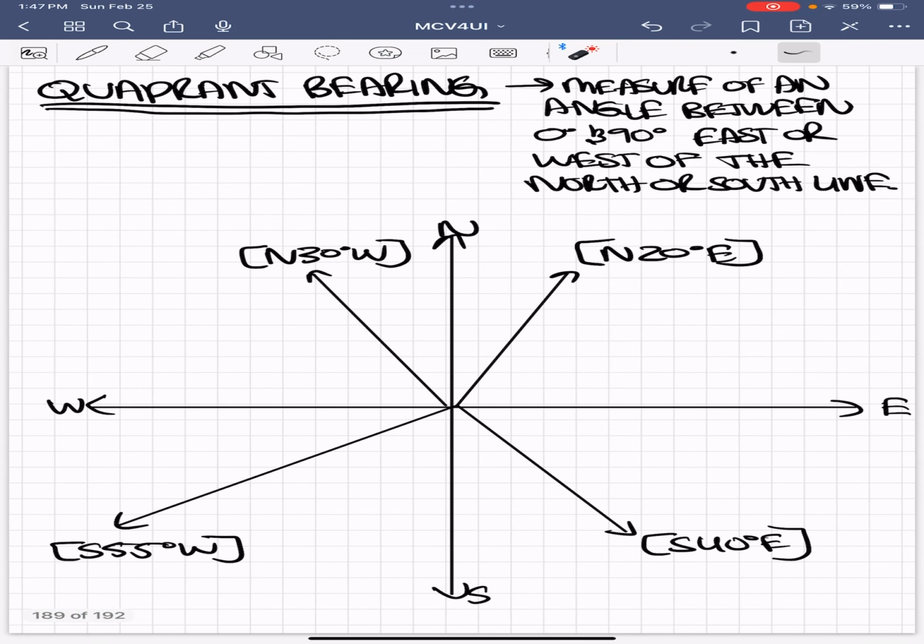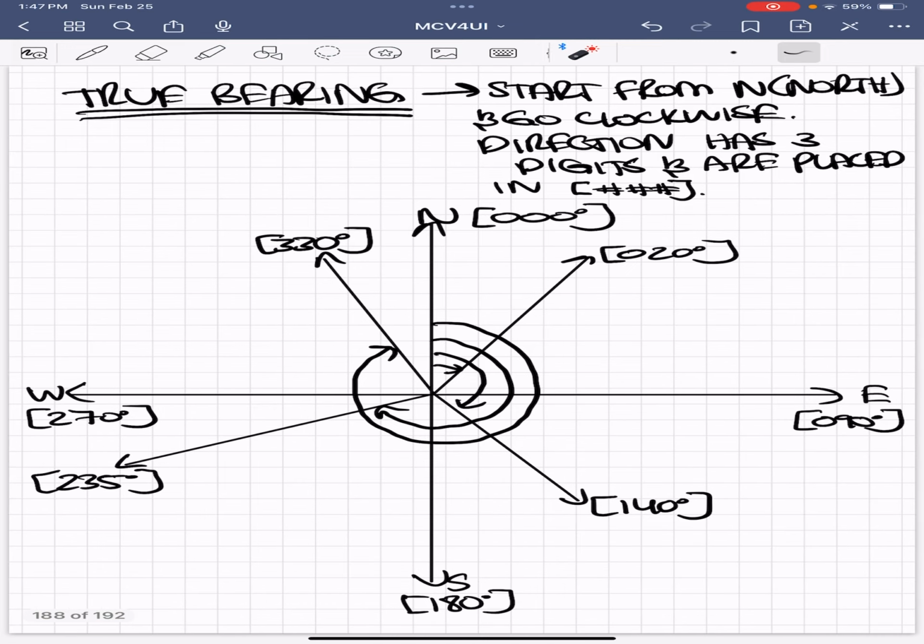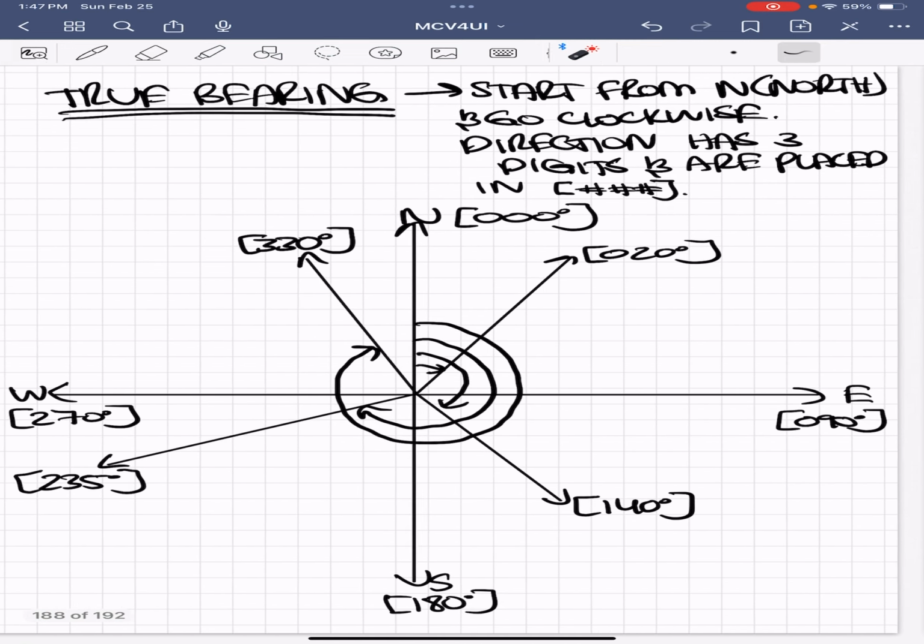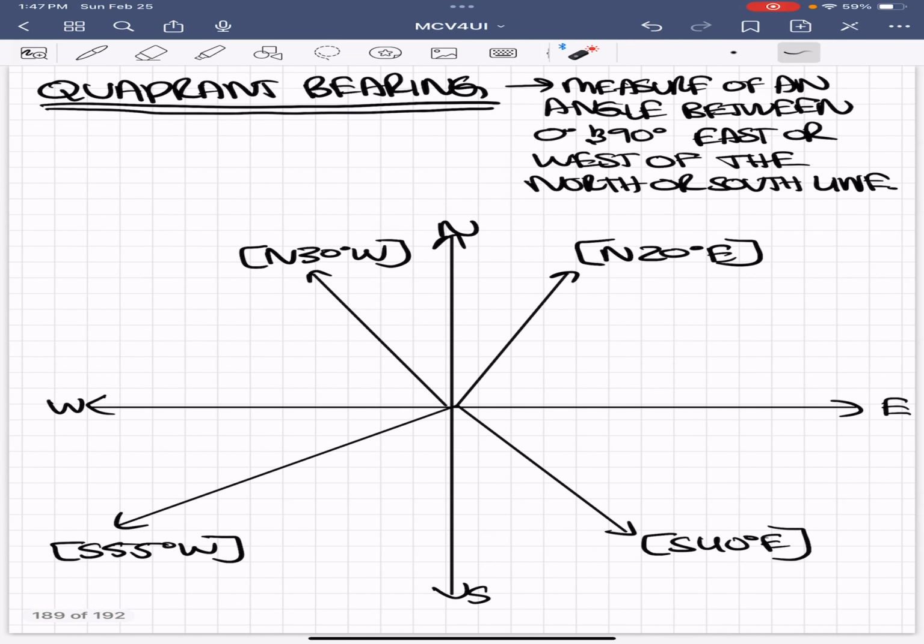Moving on. So we have quadrant bearing. So this one was true bearing, and this one is quadrant bearing, which I think is more common, but you can see both in various types of questions.